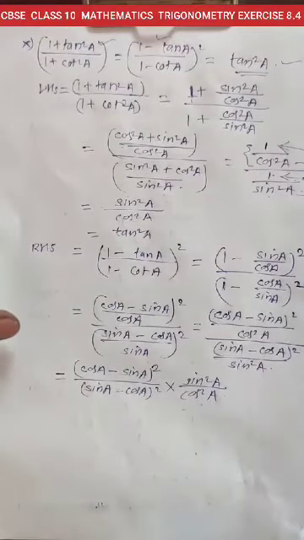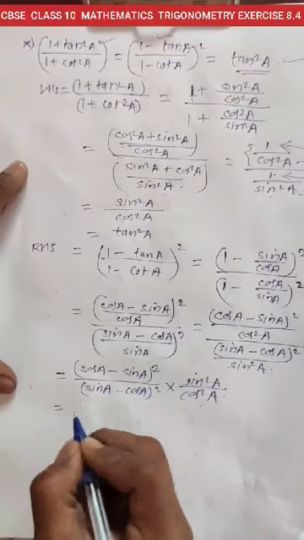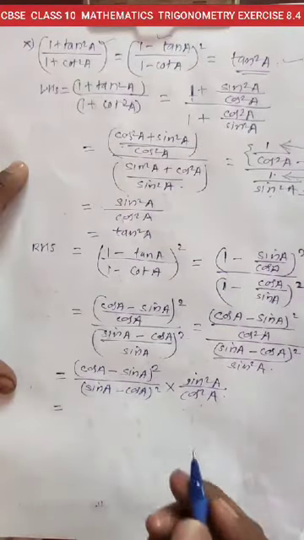Okay, so now solving these brackets we simply put the formula (a − b)².